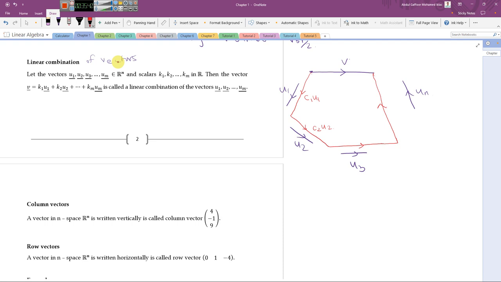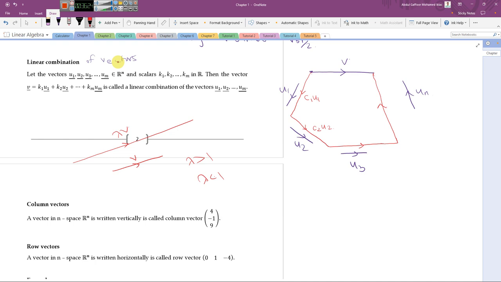And for example, we have already studied, if this is a vector v, and if I draw a parallel vector to v, this will be equal to lambda v, right? So if lambda is greater than 1, then the length of the second vector will be higher than that of the first vector, and if it is 1, then the size of these two vectors will be equal, and if lambda is less than 1, then the second vector will be smaller than the first one.